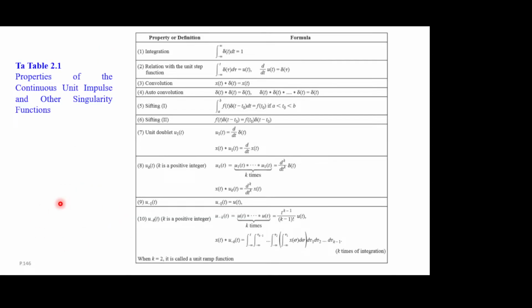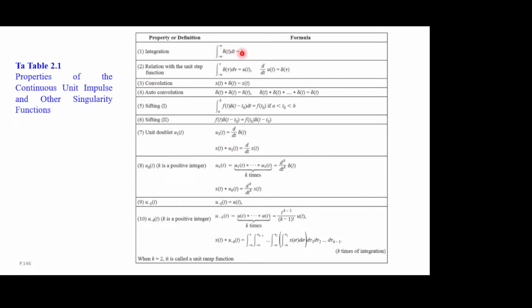And finally, this is the page that summarizes all the things that you should remember about our unit impulse and singularity functions. And yeah, we have 2 more minutes, so I guess we can go through this.